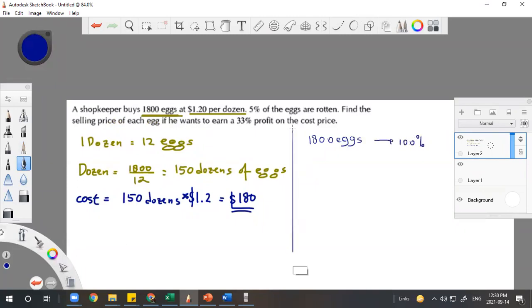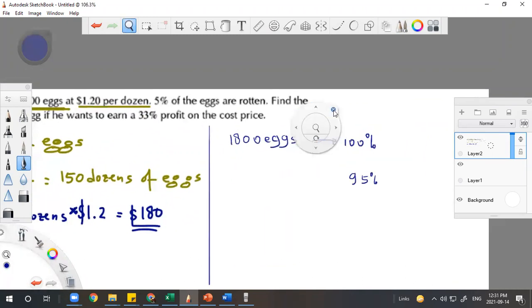The x that can be sold is, because 5% cannot be sold, what is the rest that can be sold? 95%, right? Okay, that's right. So this is for the x.